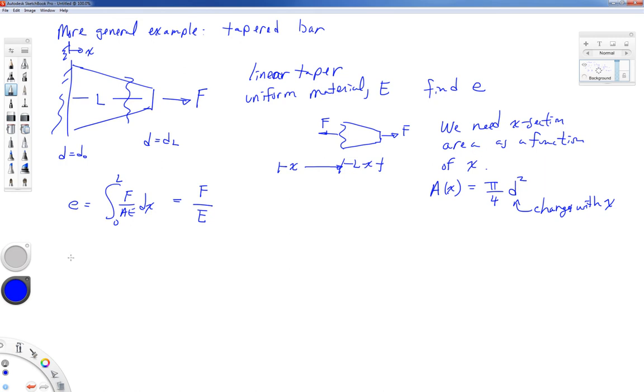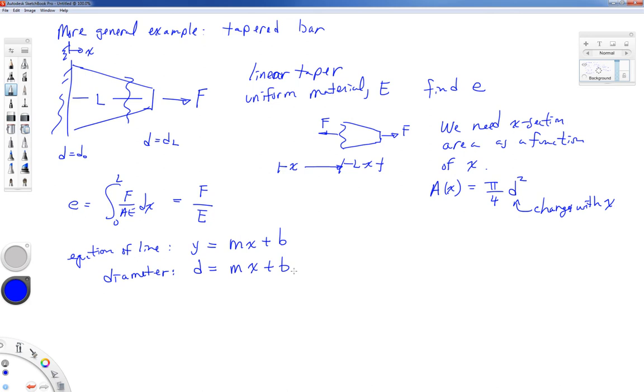Now you may remember the equation of a line: y is equal to mx plus b, where if you're given some x, the slope and the intercept, you can compute the y. What we want is the diameter, and it will follow a similar type of equation. The diameter d will be equal to some slope times x plus some intercept value.